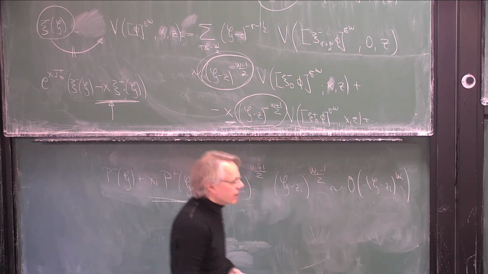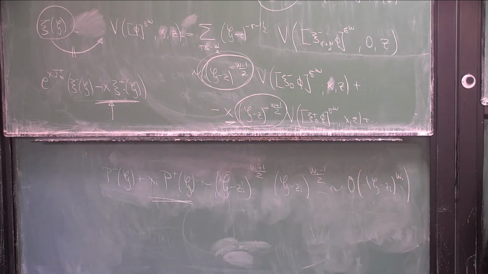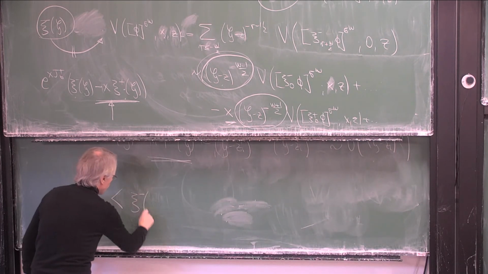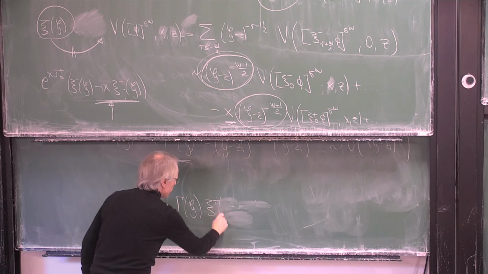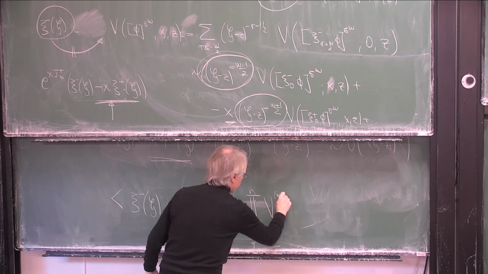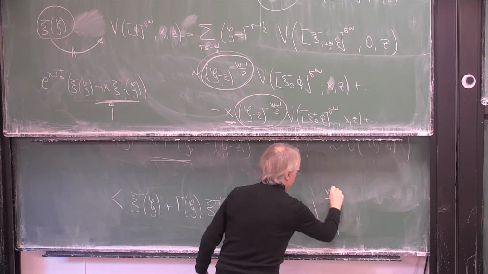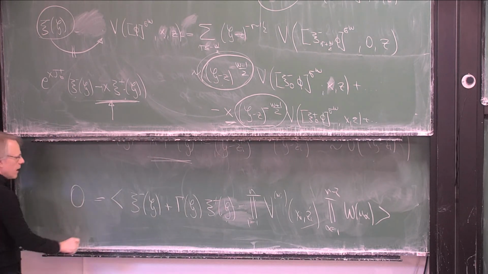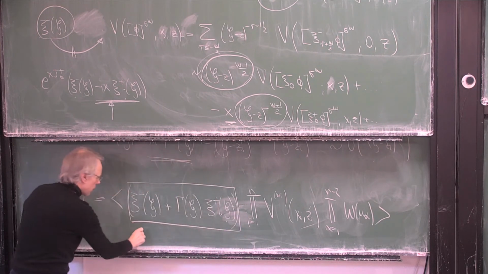Yeah, so I'm basically running out of time, so I really want us to end by saying what this tells you is that the correlation functions, actually what you find is that psi minus of zeta plus gamma of zeta times psi plus of zeta inside this, that's a consequence of this, these correlators are equal to 0, and you want to think of this as being an incidence relation in twistor space.